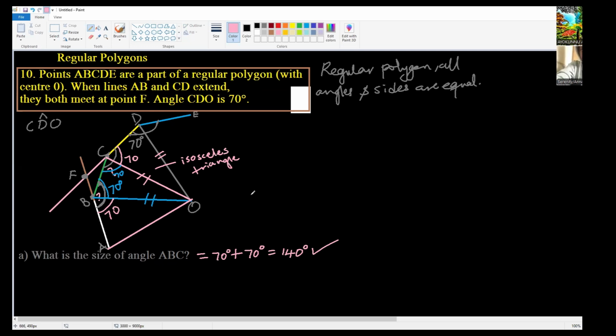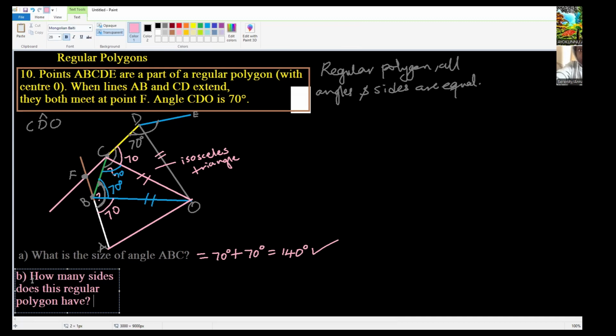Now, let's go to the next question to see what the question requires us to do. Now, it says, how many sides does this polygon have?